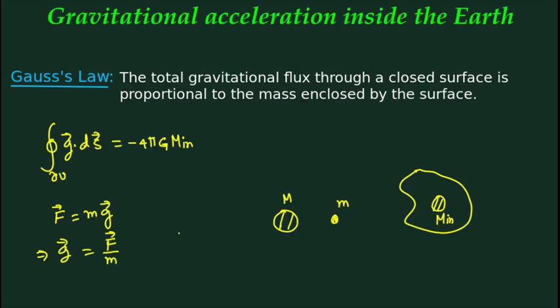I should mention here that the small mass should be very small compared to the capital mass, because it should not affect the field produced by the mass capital M.